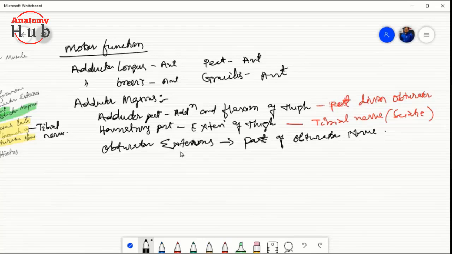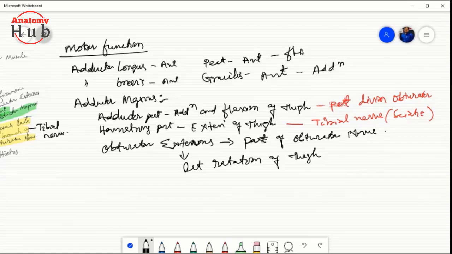Clear? So obturator externus helps in lateral rotation of the thigh. Gracilis helps in adduction of the thigh. Pectineus helps in flexion of the thigh. So these are the motor functions of the obturator nerve.